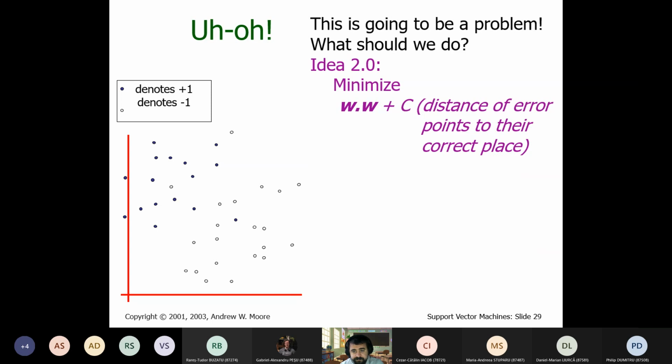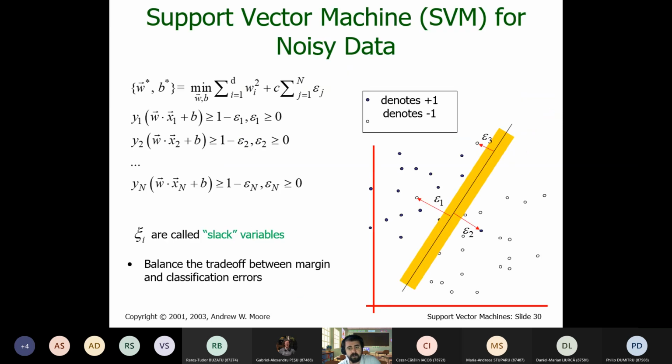So we will need to find a way of defining the distance of error, from the position where the points are to the position where they should be in order to be correctly classified.